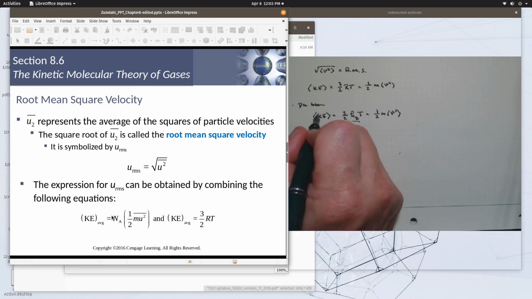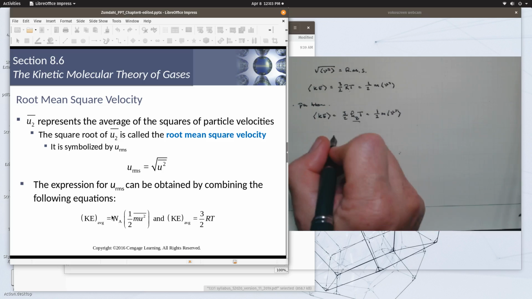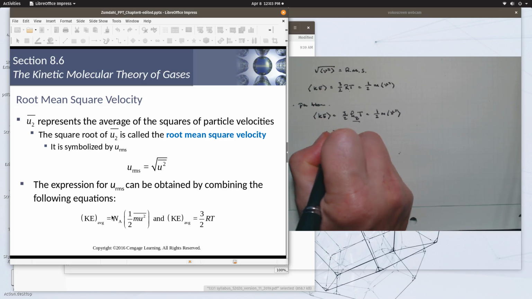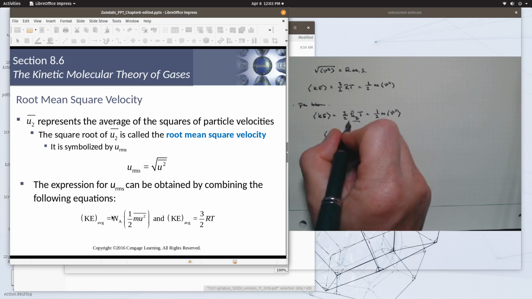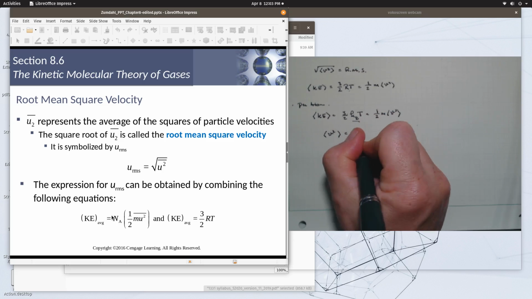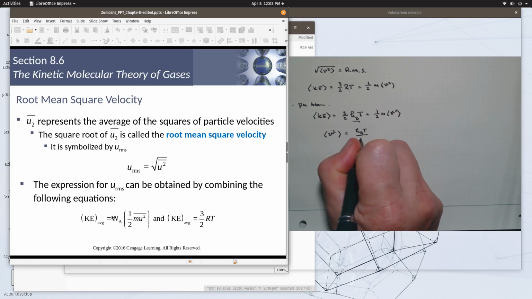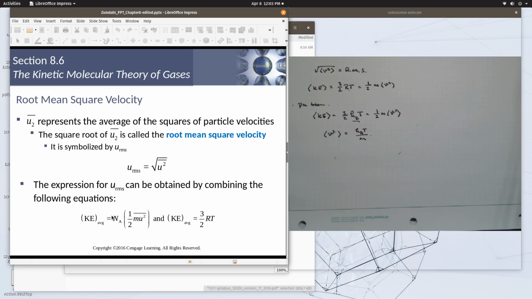So now I can say that the velocity squared is simply equal to, the 2s cancel out, 3 kBT divided by mass.